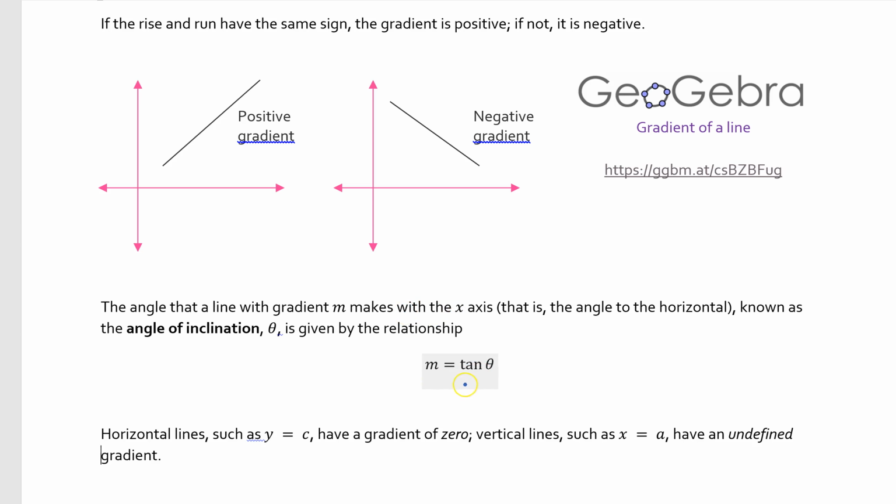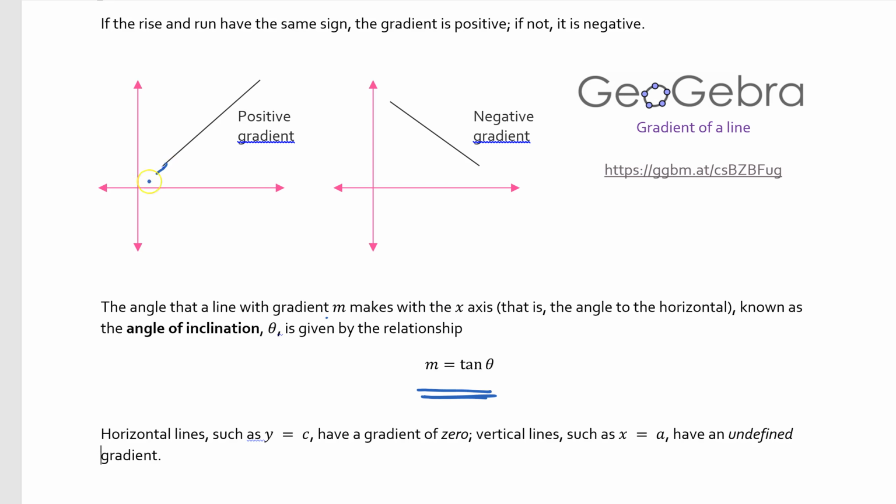What you may not have seen before, it is in some aspects of the junior course, but whether you have or not, is the angle that a line with gradient m makes with the x-axis, so in other words the angle to the horizontal.